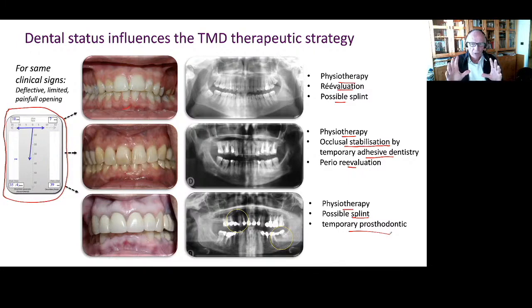In front of a patient with natural teeth, you will be very non-invasive. If we have something to do on the teeth to stabilize the function, you have to do it in the first intention.